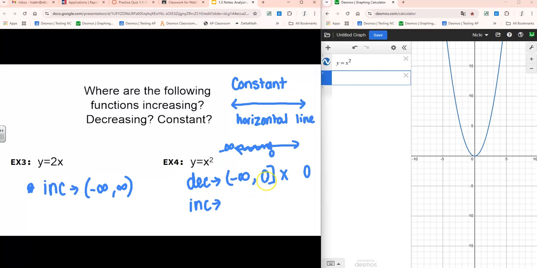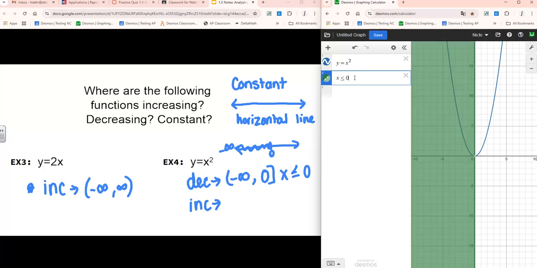If I've got all the numbers from negative infinity to 0, are those numbers less than 0 or greater than 0? They're less than, right, because they're negative. So less than or equal to. And then if you type that in, you can make sure that it highlights the part of the graph you were actually talking about, right? So that, yes, that's the side that we meant to say is decreasing for that.